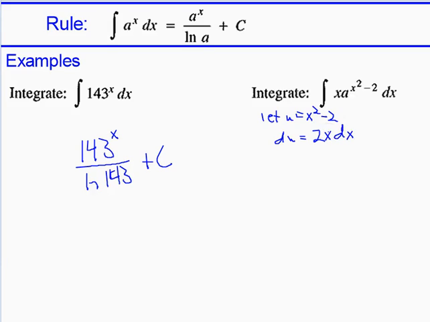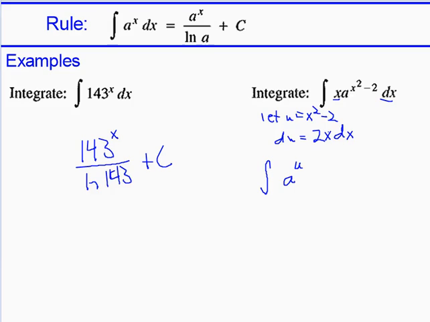Now we go ahead and do our substitution. We have a to the u. We're substituting in for x squared minus 2. And then we have this x here, x dx. So we can take out x dx. To get rid of this 2, we could divide both sides by 2, and we would get 1/2 du.